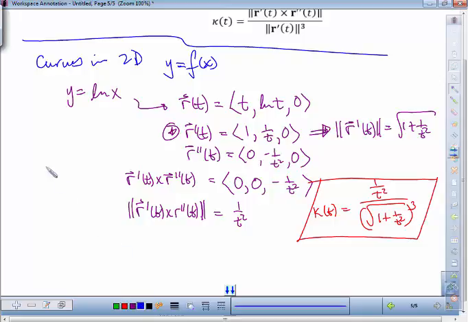So this graph is an ln function. It kind of just looks like this. And if you want to maximize the curvature, you want to see which of these points has the biggest curvature.